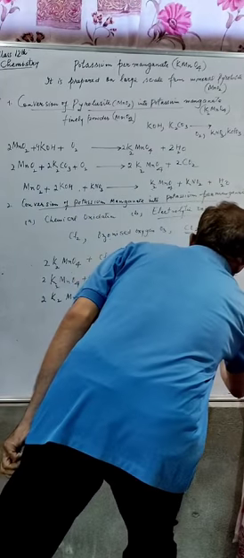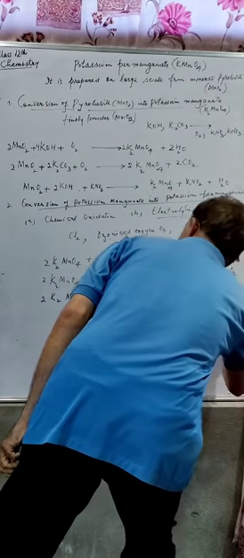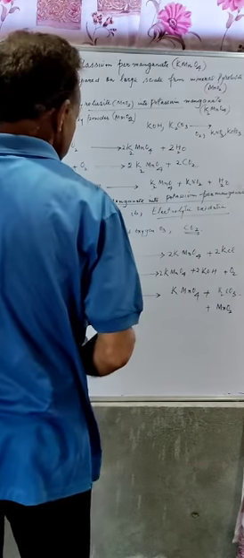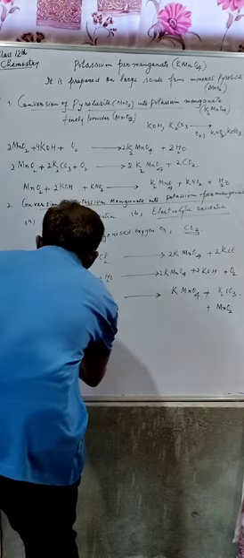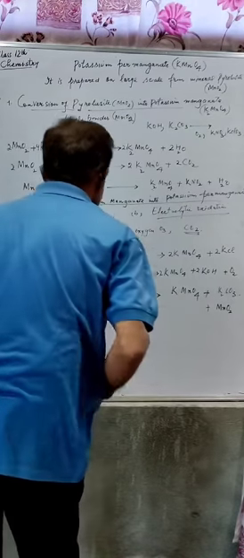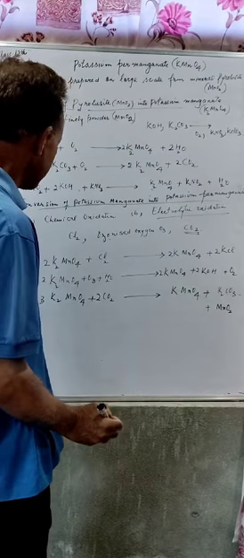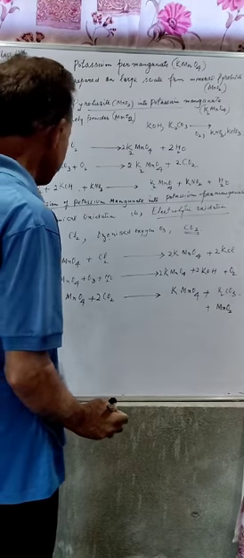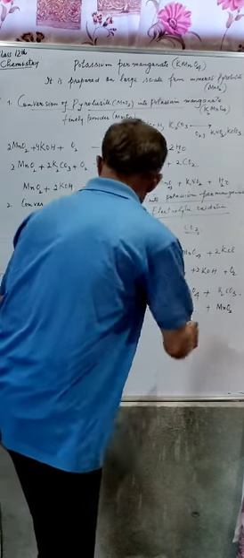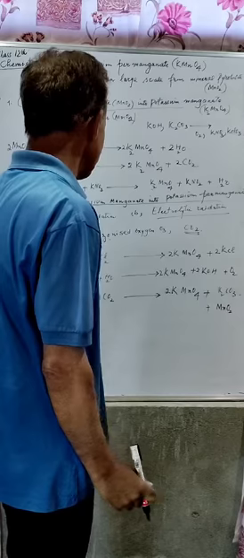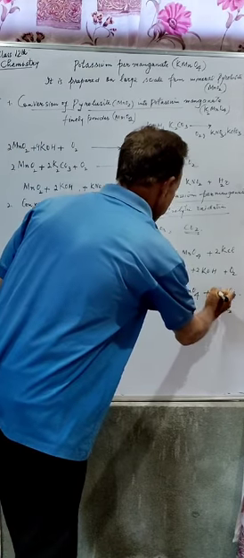We balance the reaction by taking 3 times K2MnO4 and 2 times KMnO4, with 2 times K2CO3 and MnO2, so that Mn, K and oxygen are balanced and the reaction gets balanced.